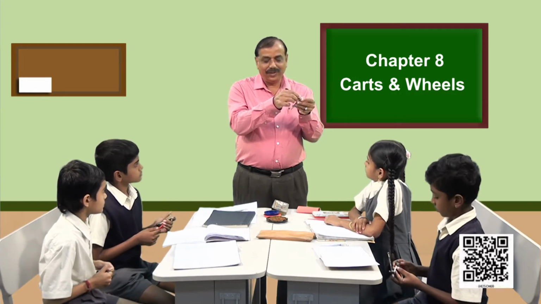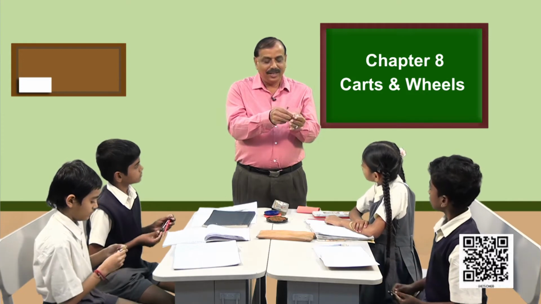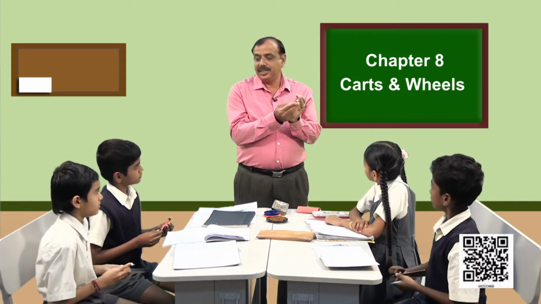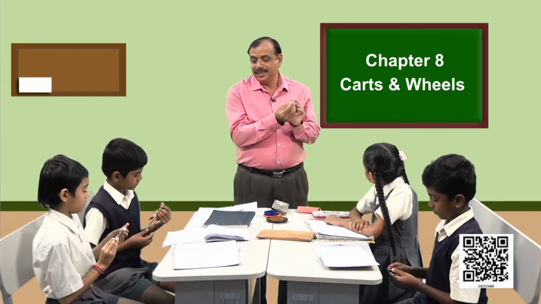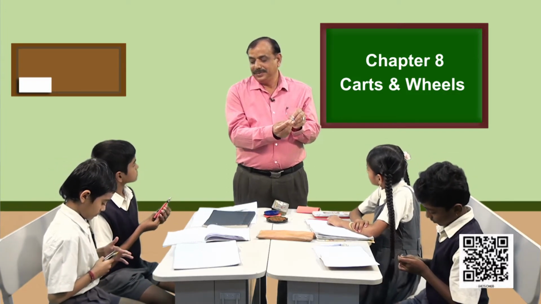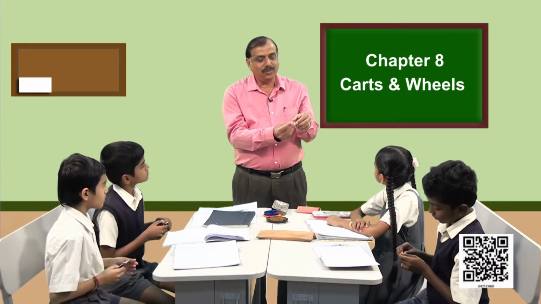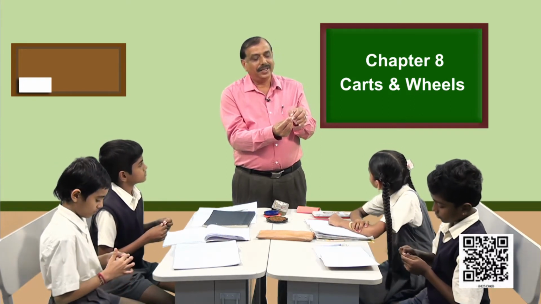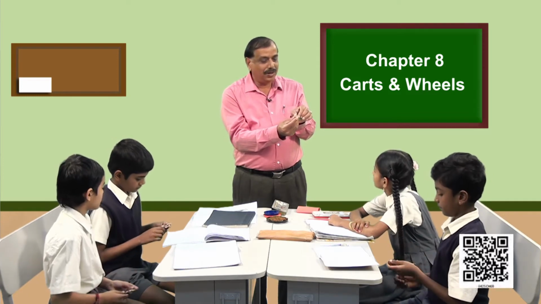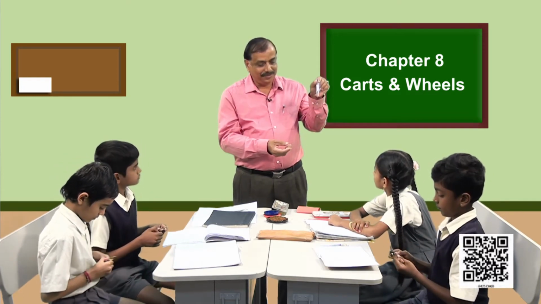We need to insert the pencil, and the tip of this edge and the pencil tip should come in the same position. Once it is in the same position, you tighten the grip of the pencil, so that it will not fall down.